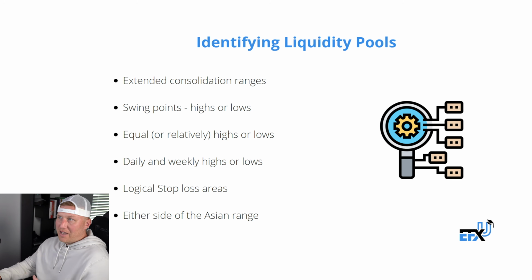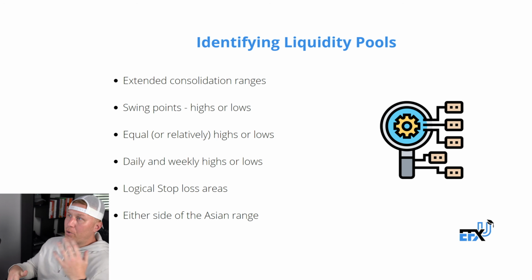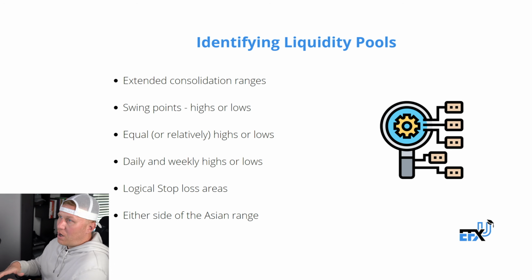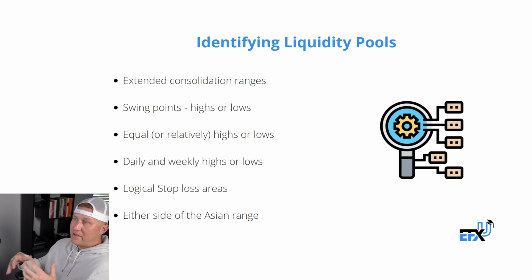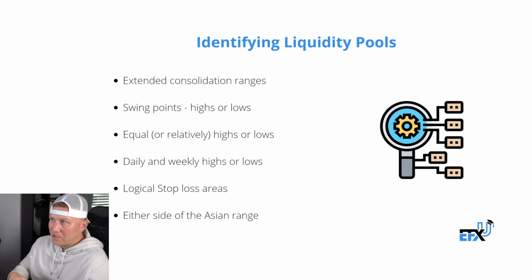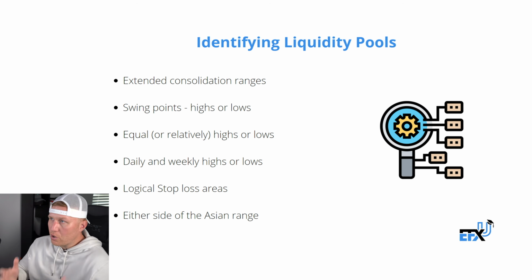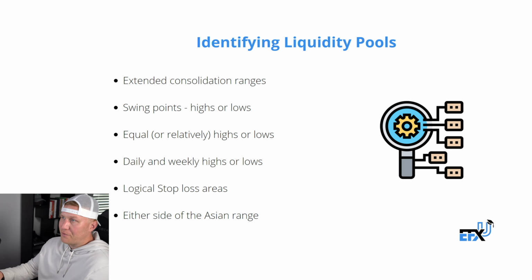We can identify these pools at extended consolidation ranges where traders form lots of opinions and open positions on both sides, like I've shown you in many other videos, expecting a breakout with their sell stops and buy stops. We also have obvious swing points or highs and lows, as well as collections of highs and lows, also referred to as equal highs or equal lows, which you've probably heard me say many times before.